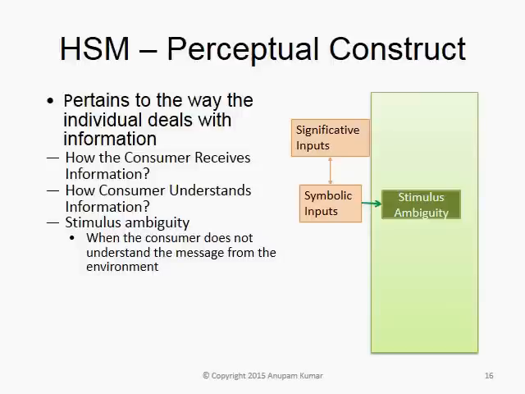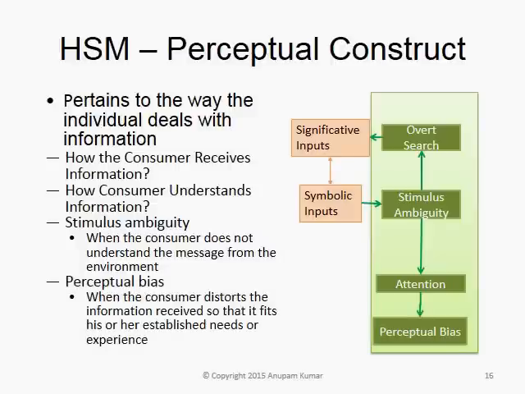He then goes for an overt search, which leads to a certain amount of clarity, though ambiguity remains. What happens as a result is heightened attention, leading to perceptual bias, which is when the consumer distorts information received so that it fits his or her established needs or experiences.